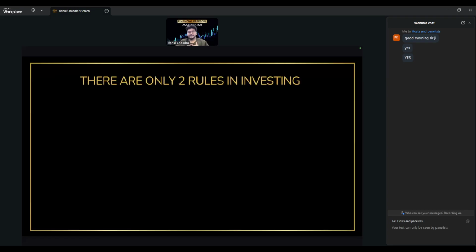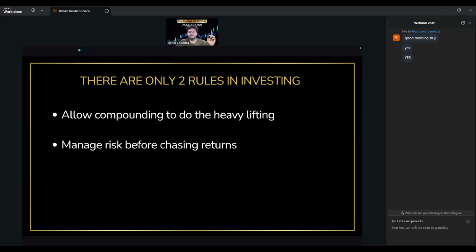Now, if you ask me, there are only two rules in investing. First is allow compounding to do all the heavy lifting, give it time. Because the worst thing we can do is all the research, but if we don't give it time to play out, to materialize, it will not work out. And the second is to manage risk before chasing returns. For example, is it worth the risk to invest in a loss making company when you have profitable companies?